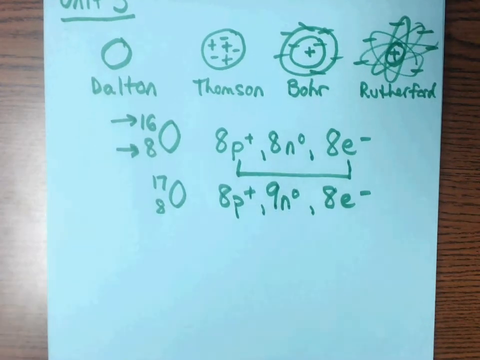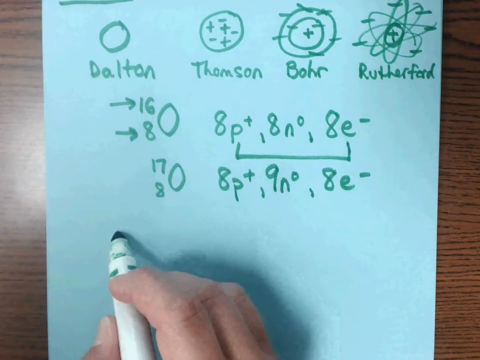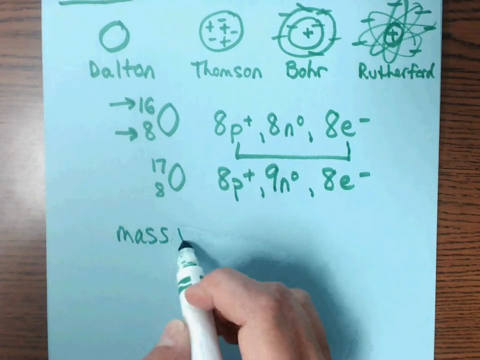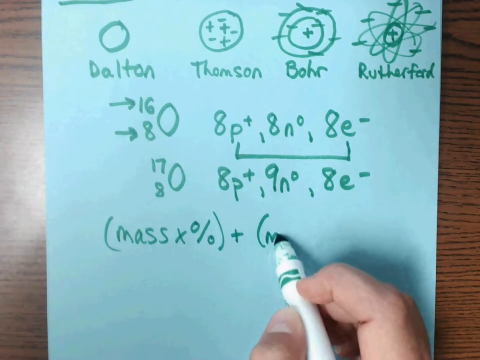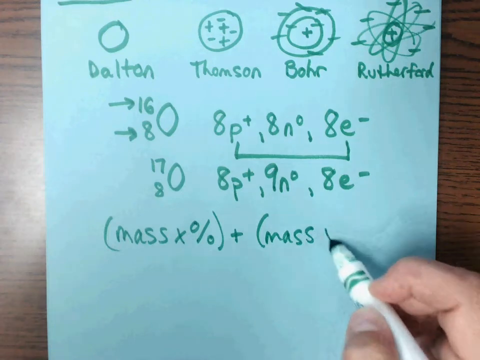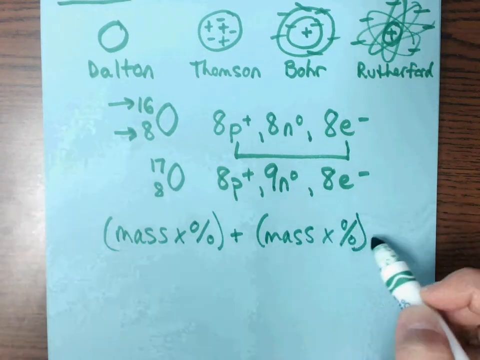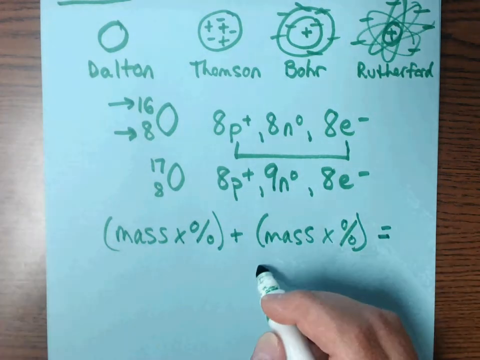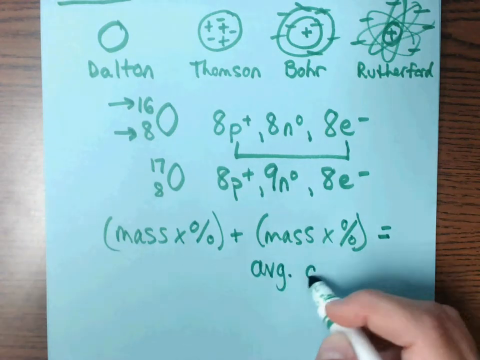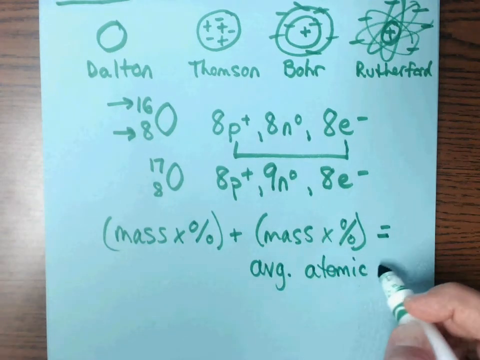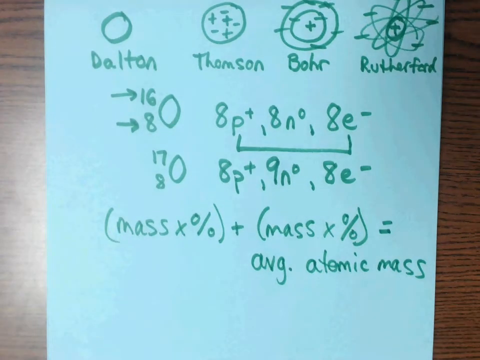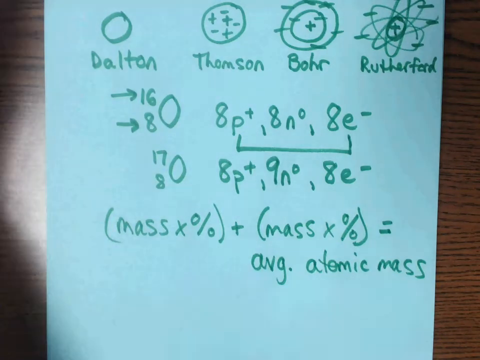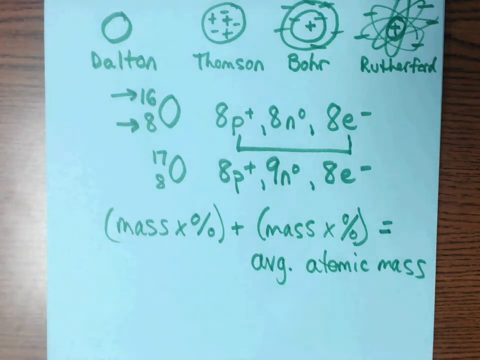And when you calculated the average atomic mass, you took the mass of your isotope times the percent abundance as a decimal, and then you continued to take the mass of the isotope times the percent abundance as a decimal, and then what you end up with is the average atomic mass. And that's where the values on the actual periodic table, those atomic mass, those decimal numbers, actually came from.